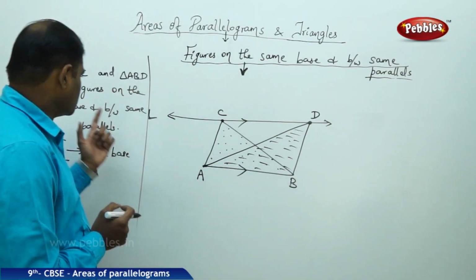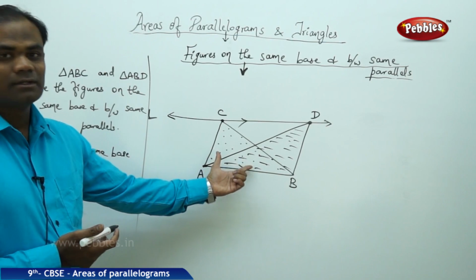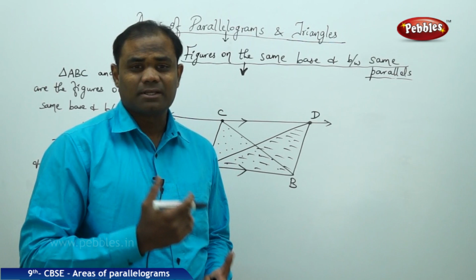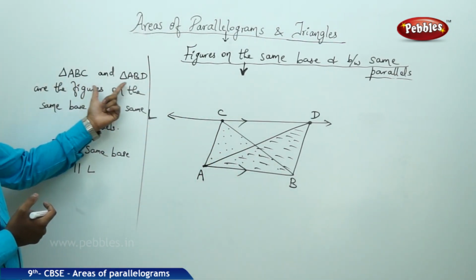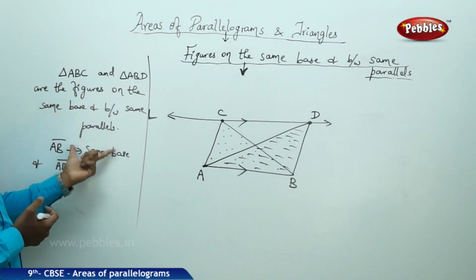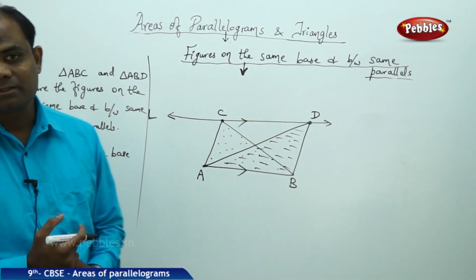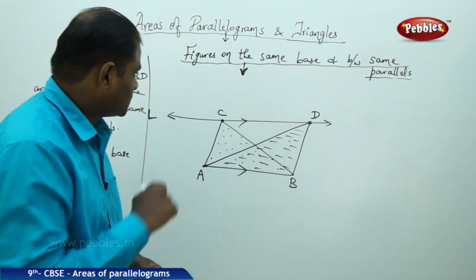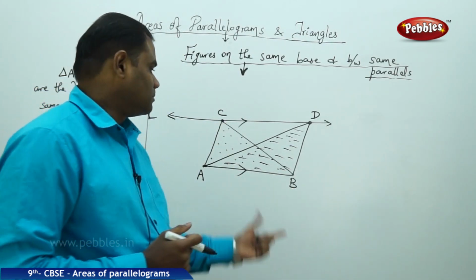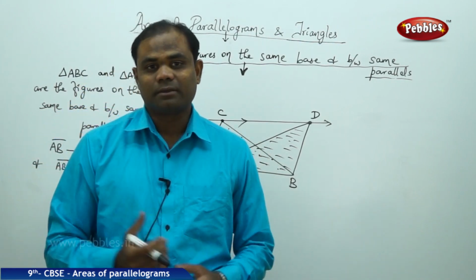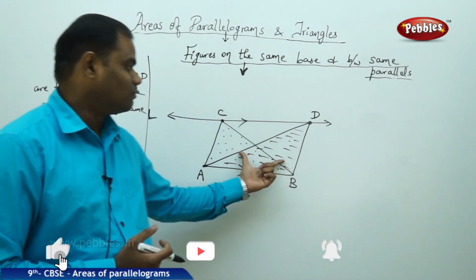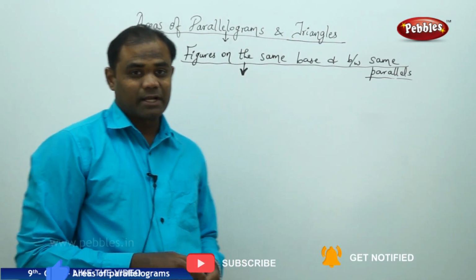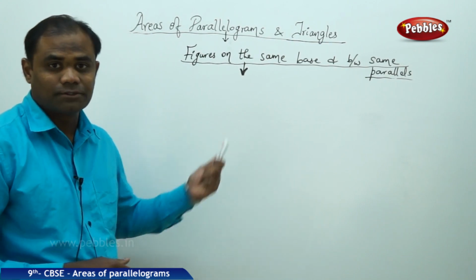So triangle ABC and triangle ABD are the figures on the same base and between same parallels. This is how we can take many examples in mathematics where we can take two figures between same base and between same parallels. This being one of the examples. Let me take another example to understand the concept better.